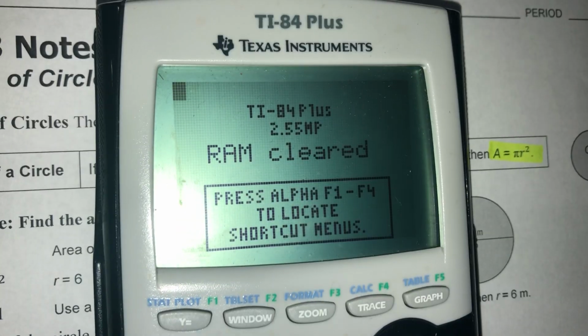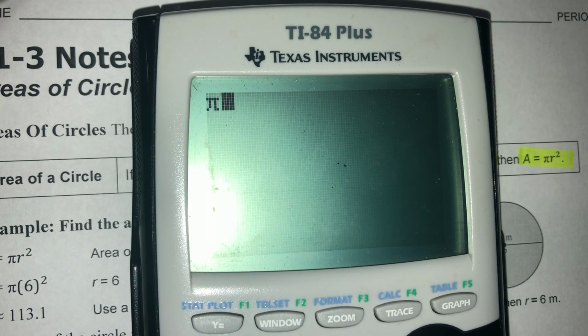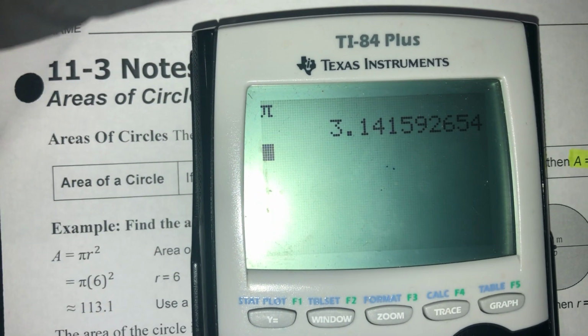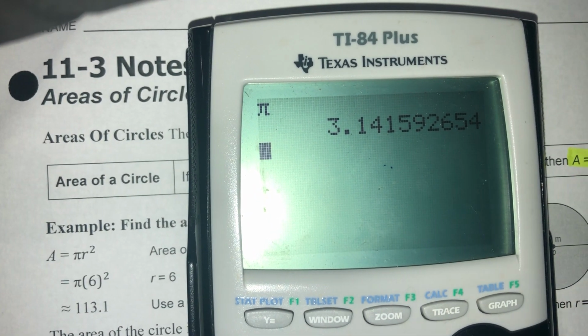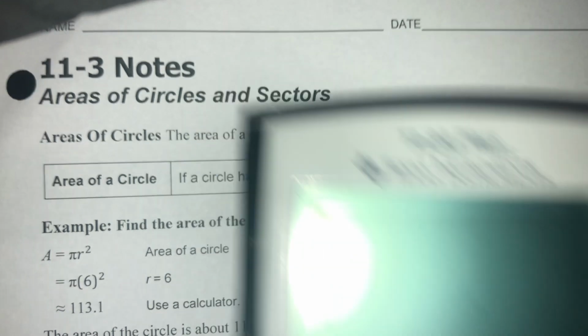If you have a calculator, even in your phone, you probably have a pi button, especially if you turn it sideways. And so there are a few more digits available for you, 3.141592654. You don't have to memorize that, but you can just use the pi button in your calculator.